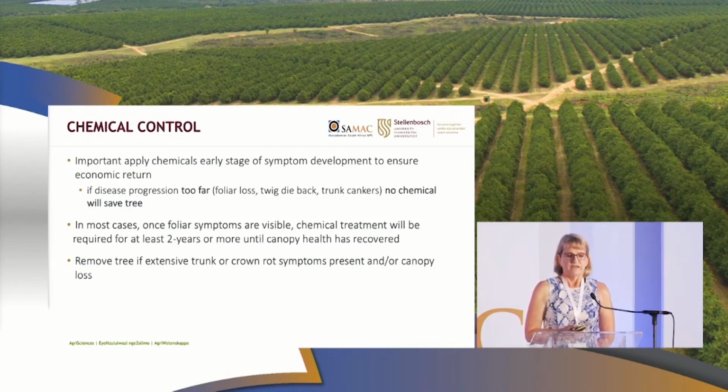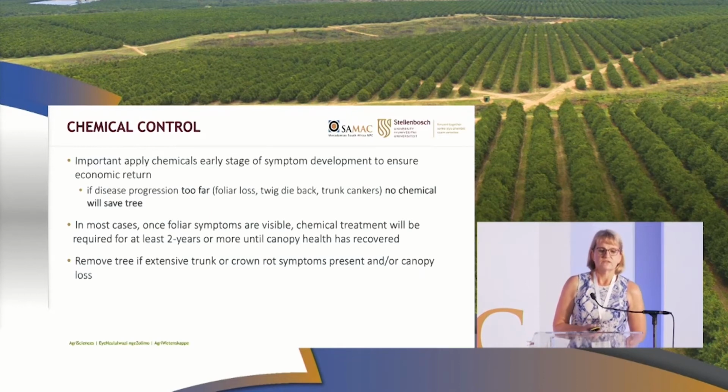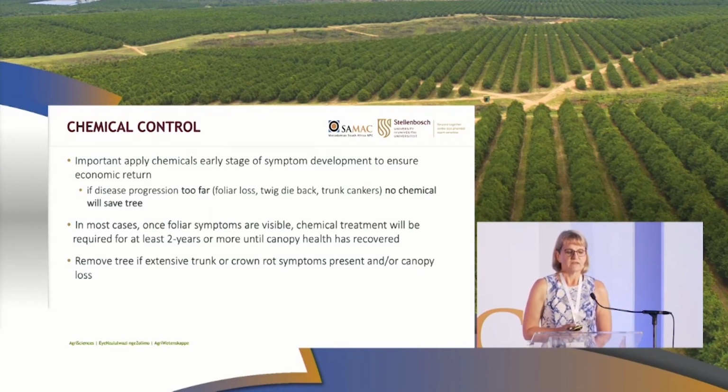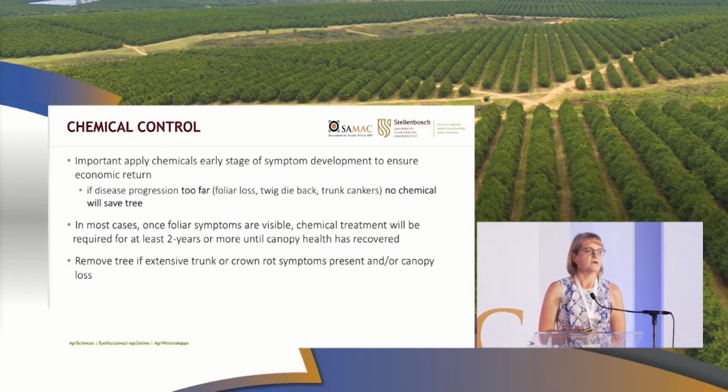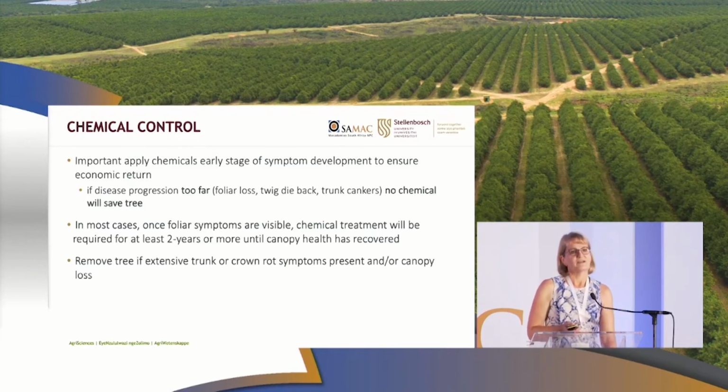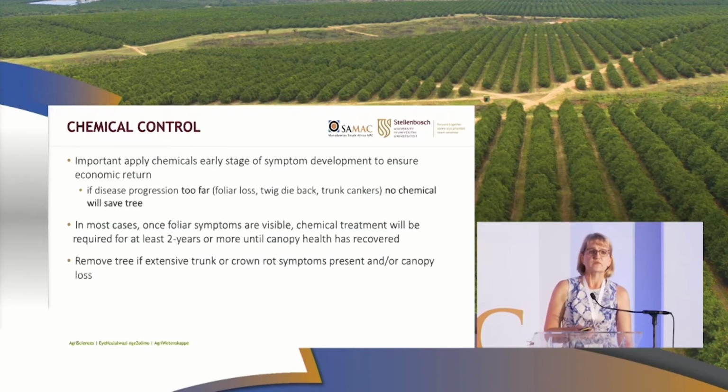Then when we come to chemical control, it still remains one of the most important things, especially once you start having symptomatic trees in your orchard. Integrated management is very important while you don't have symptoms, but unfortunately once you start having symptoms, you will need chemical control, and in the macadamia industry this is difficult because currently there are no products registered.